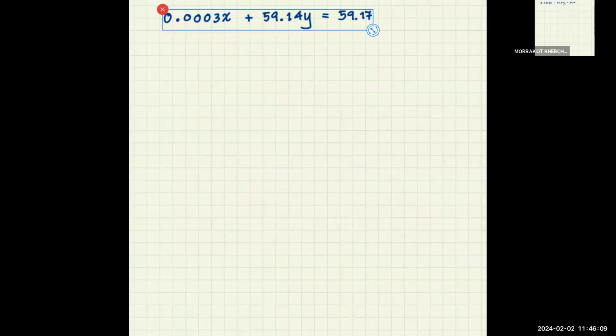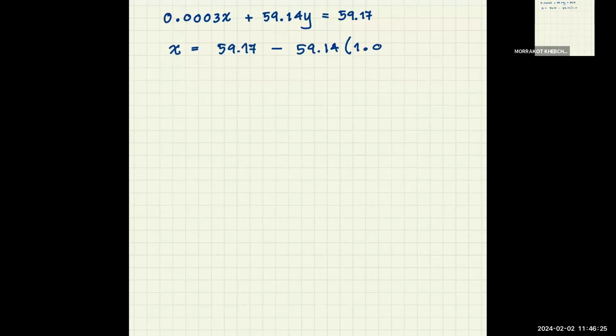This equation. I will find x. X gonna be equal to 59.17, subtract by 59.14 multiplied by y, which is 1.001, and then divided by 0.0003. Okay?